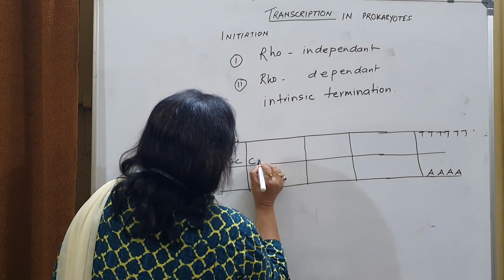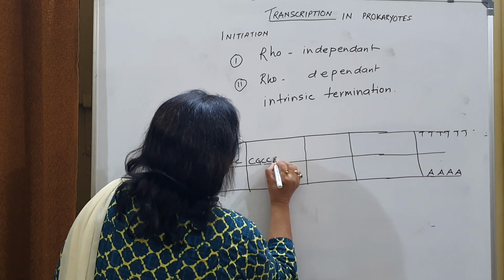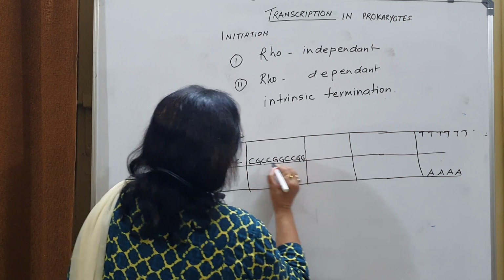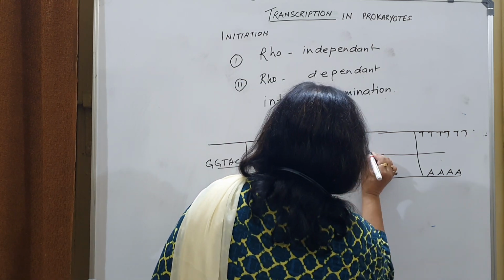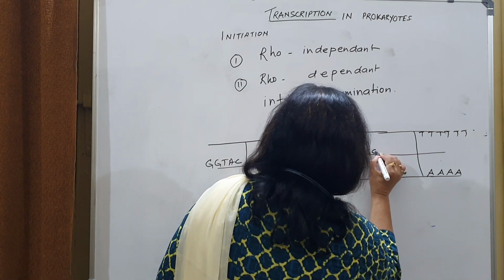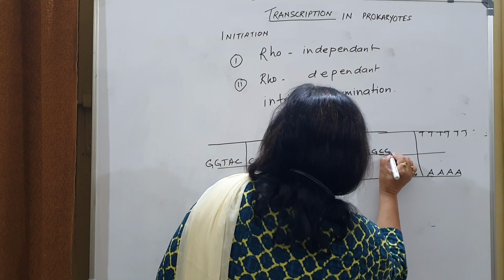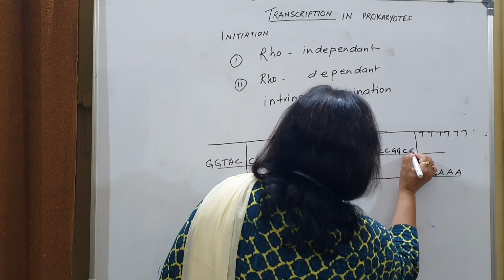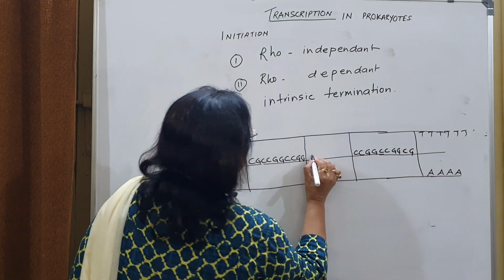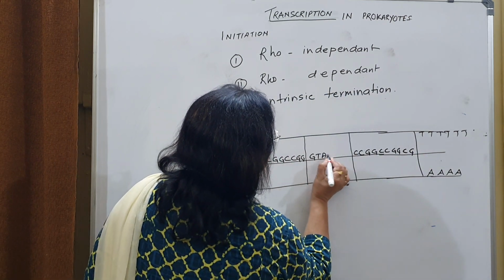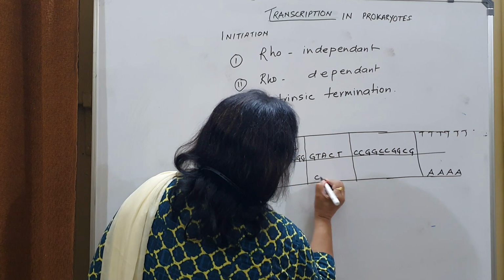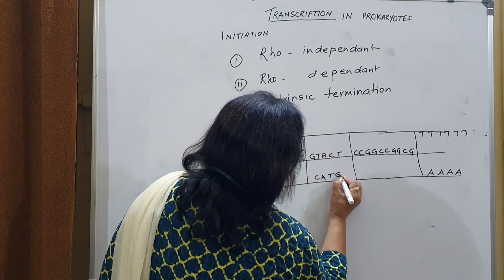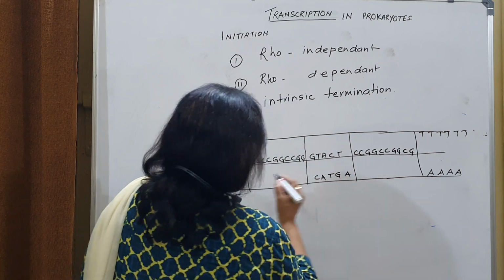Now see, in between we can have GTA, CT, CA, T, GA.